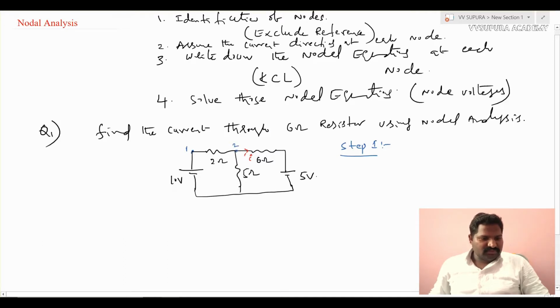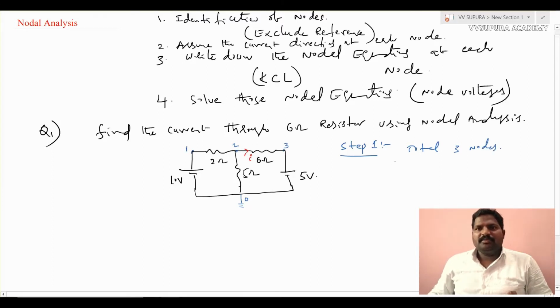This 6 ohms and this 5 volts are connected at this point, and this will be node number 3. This is a ground connection, called the zeroth node or reference node. So how many nodes are there? In total, 3 nodes.